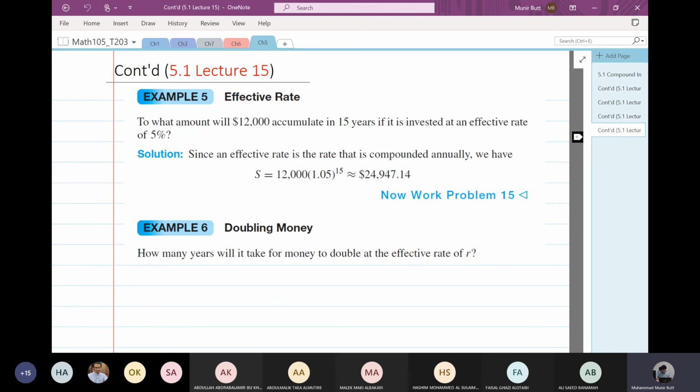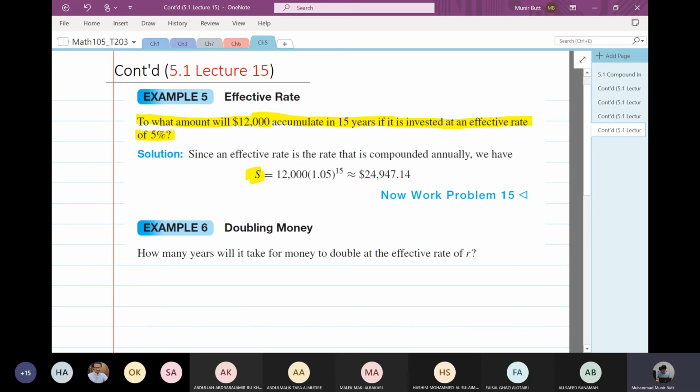Okay, if this is clear to you, then I ask you to solve this question by yourself. So the first question is very clear. To what amount will this 1200 accumulate in 15 years if it is invested at an effective rate of 5%? So you want to find the S. And what is S?